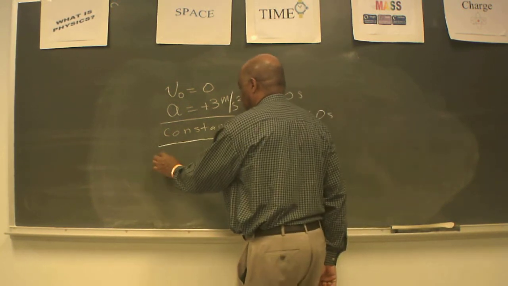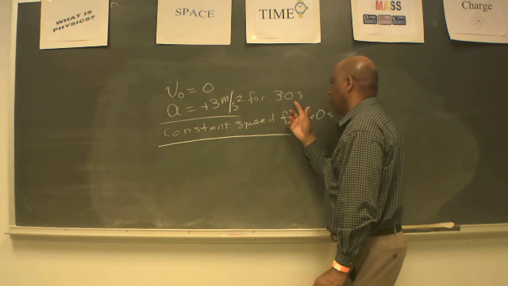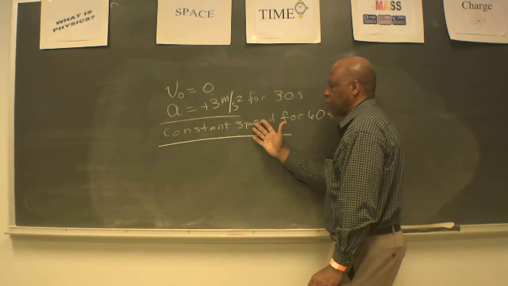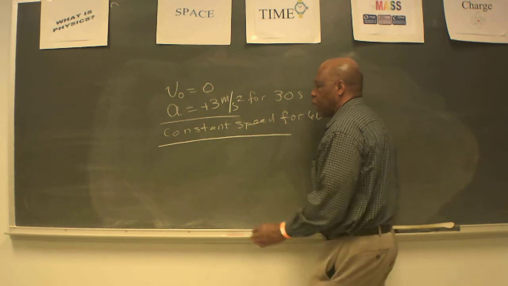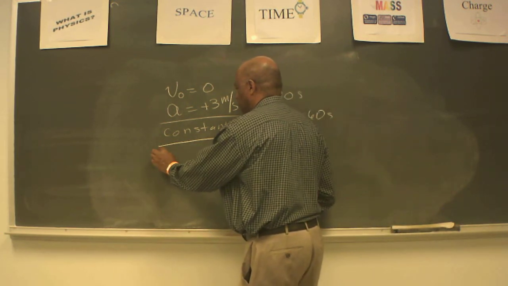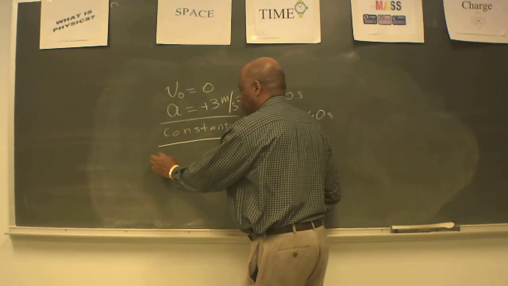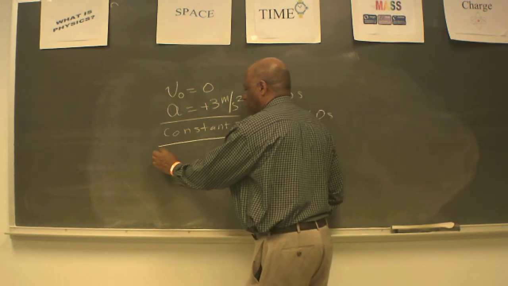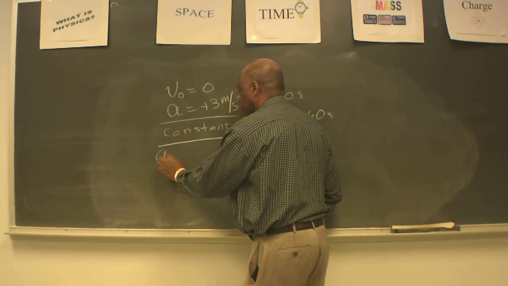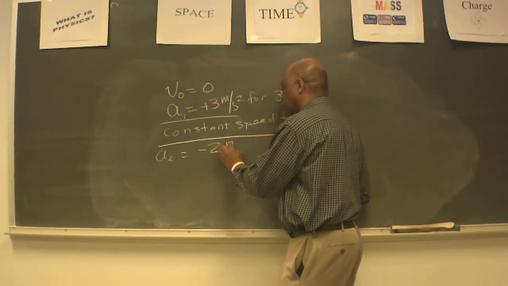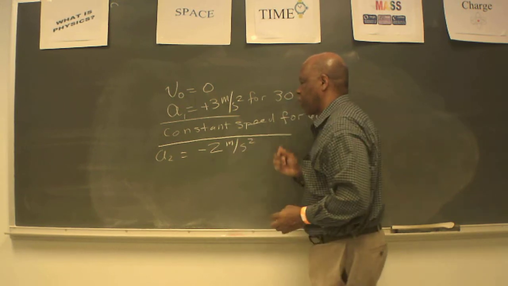And then the last part, whatever top speed you achieved during the first part and also maintained during the second part, you're going to go from there down to stop. So your final speed is going to be 0 at a rate of 2 meters per second squared.